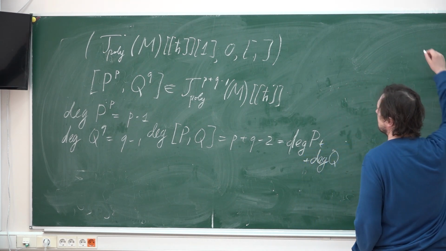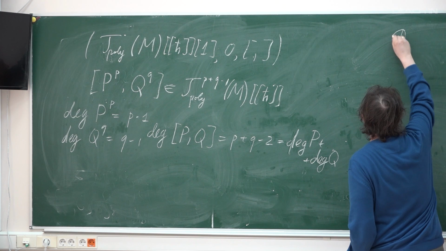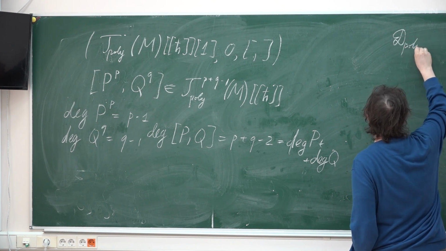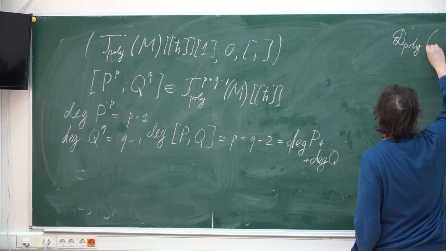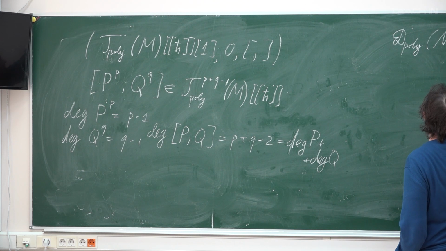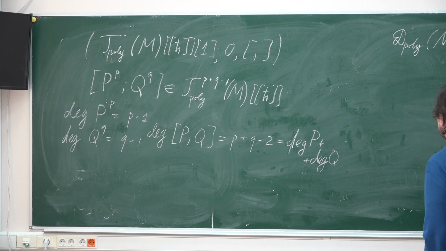The same thing should be done in the case of polydifferential operators on the same manifold, also extended with formal variable h bar. It also should be shifted for the same precise reason.